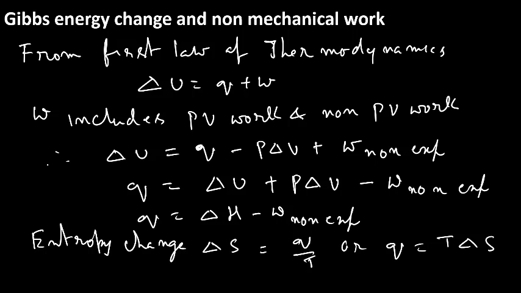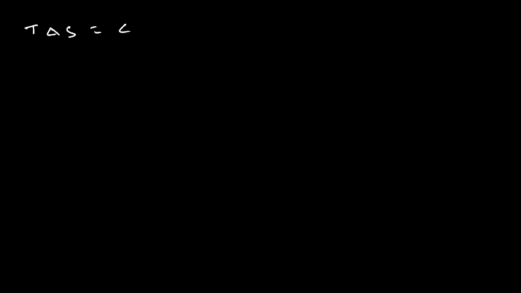So substitute this T delta S in place of Q. Therefore, T delta S is equal to delta H minus W non-expansion. Now bring this T delta S to the other side.